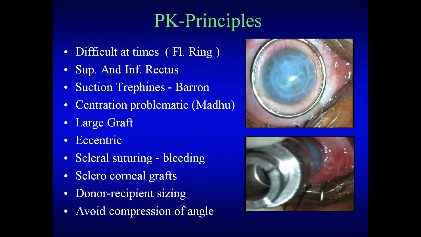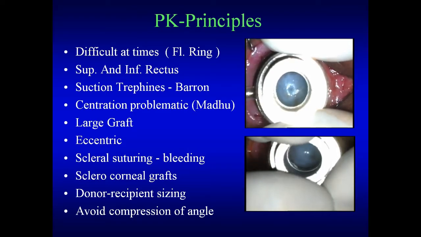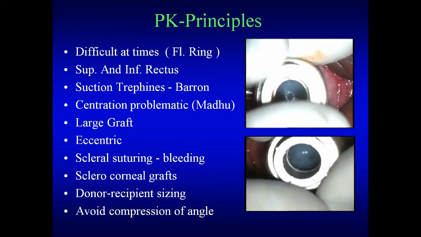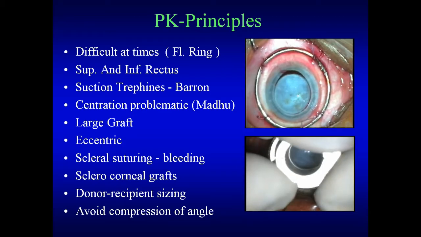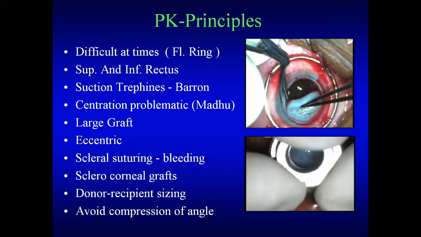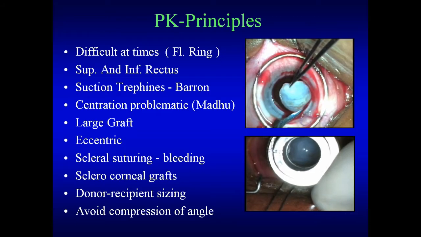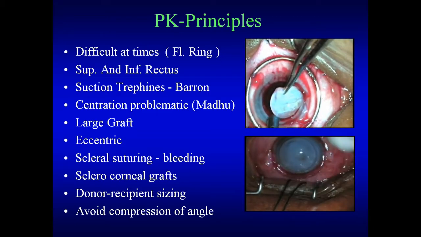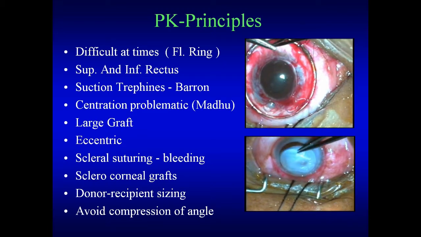And what are the principles when you do a corneal transplant in such cases? Know very well, these are very difficult procedures. So you may have to take a Flieringa ring, or you may have to take the support of the superior and inferior rectus. It's always a good idea to have suction trephines, especially for perforated ulcers where the globe is extremely soft.